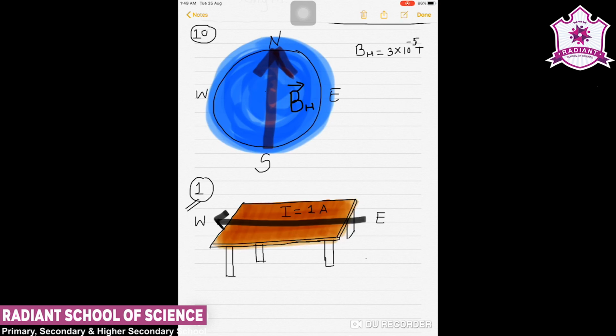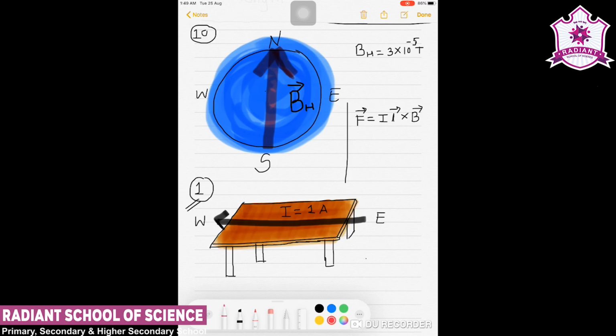So if the direction of current is from east to west, we can simply apply the equation F equals IL cross B. Here the length of the wire and the magnetic field are perpendicular to each other.